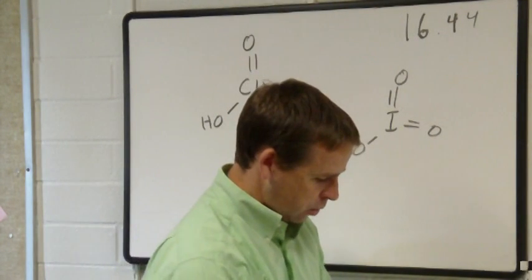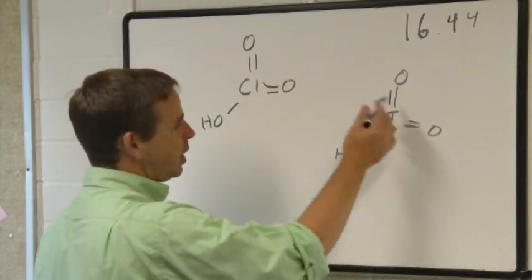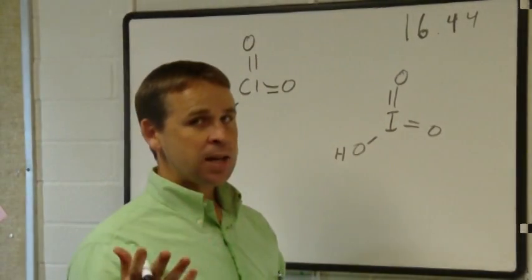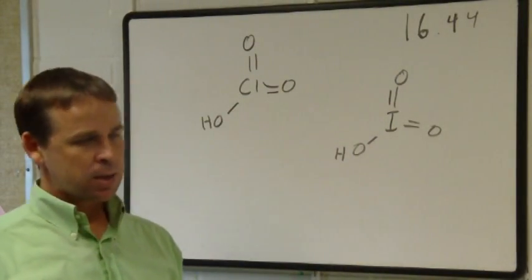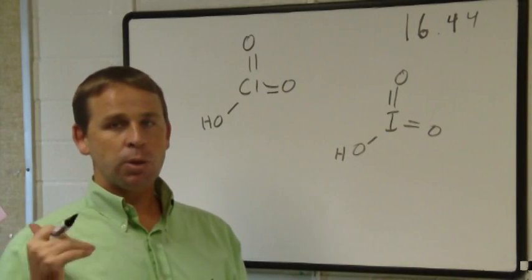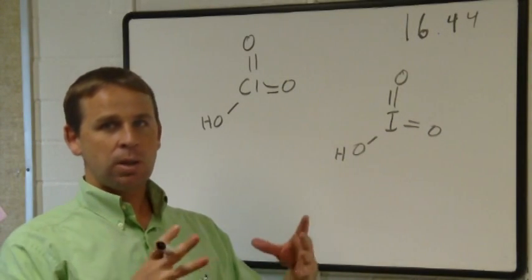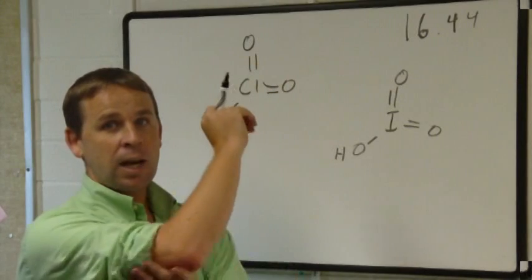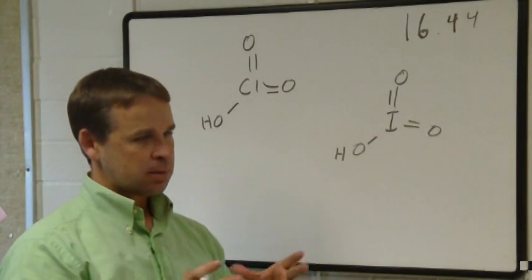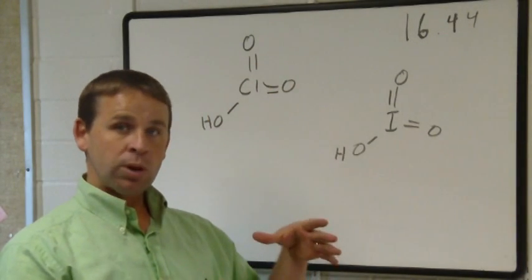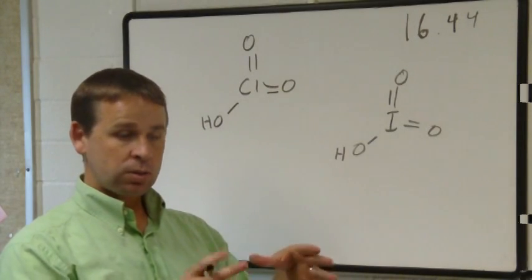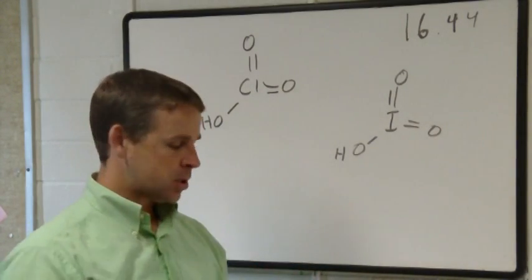Now don't get confused with binary acids. In binary acids, when the proton leaves, the iodine has more electrons and more protons to allow that one electron to get lost in.